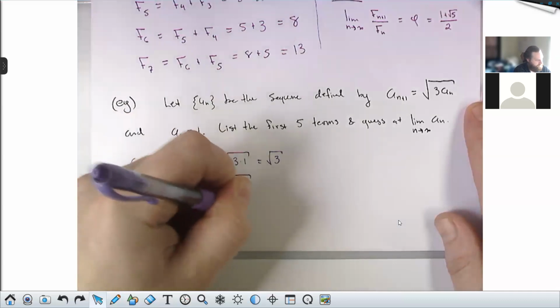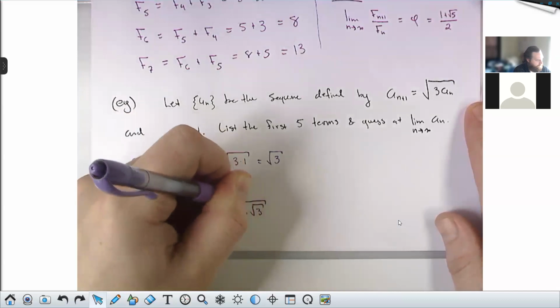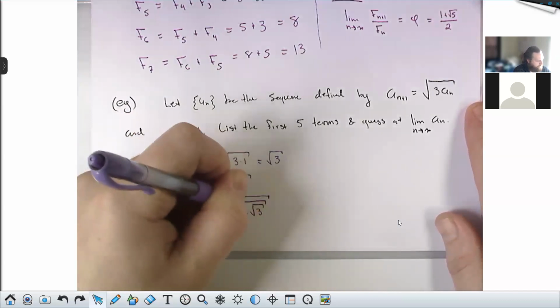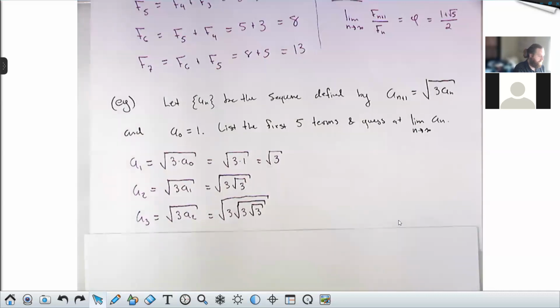So you've got these nested square roots of 3. We'll go a few more, but hopefully you see what this is doing. It's again quite strange, but I'm sure we will see the pattern.